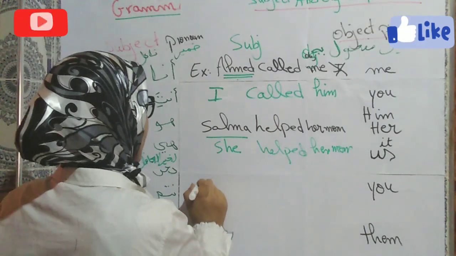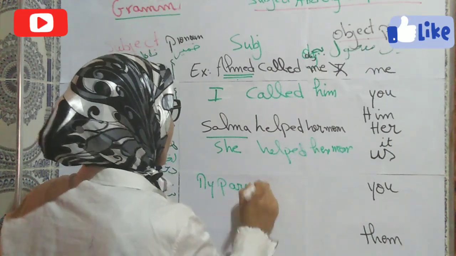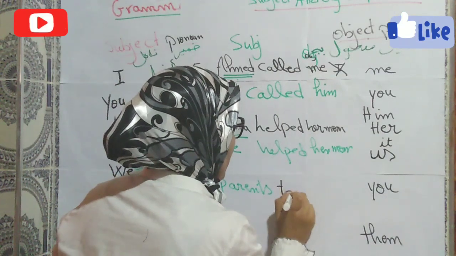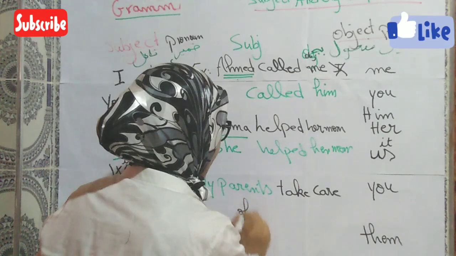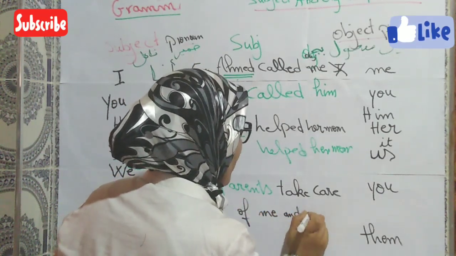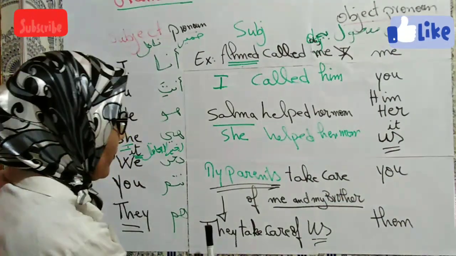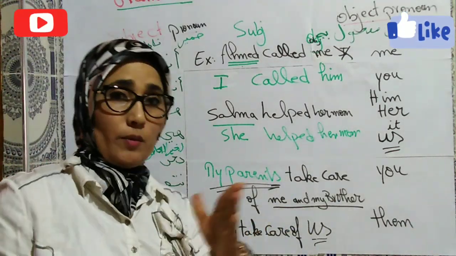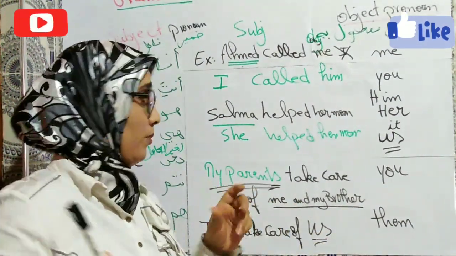We have my parents. My parents take care of me and my brother. And the last example here is my parents take care of me and my brother. If we want to replace my parents by a pronoun, we should say they, because it's a subject.